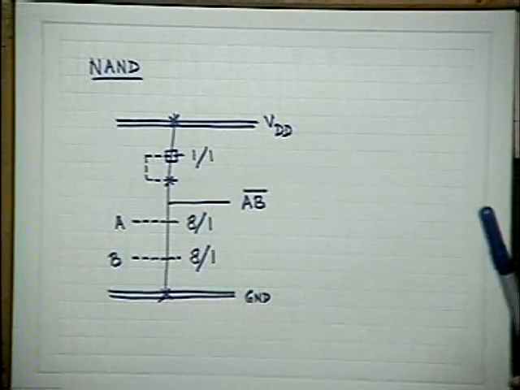What is the drawback of this? More area, less speed. More area, less speed, and therefore this AND kind of operation we should try to avoid as best as possible.